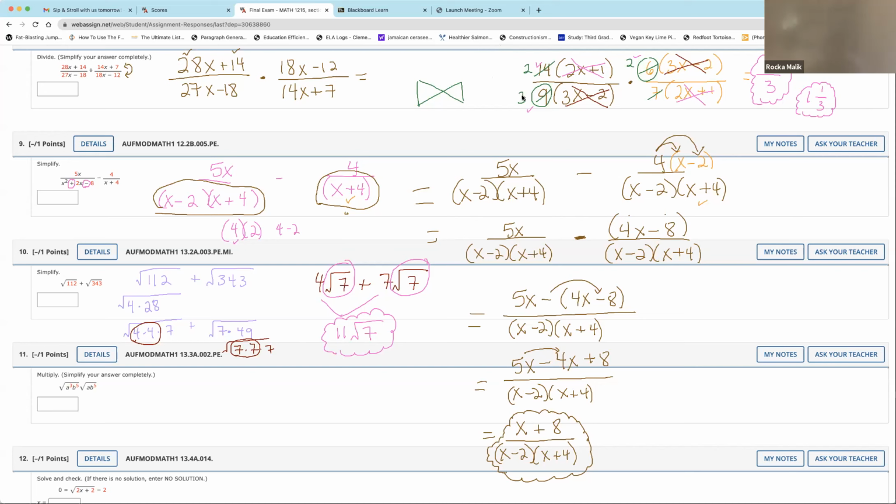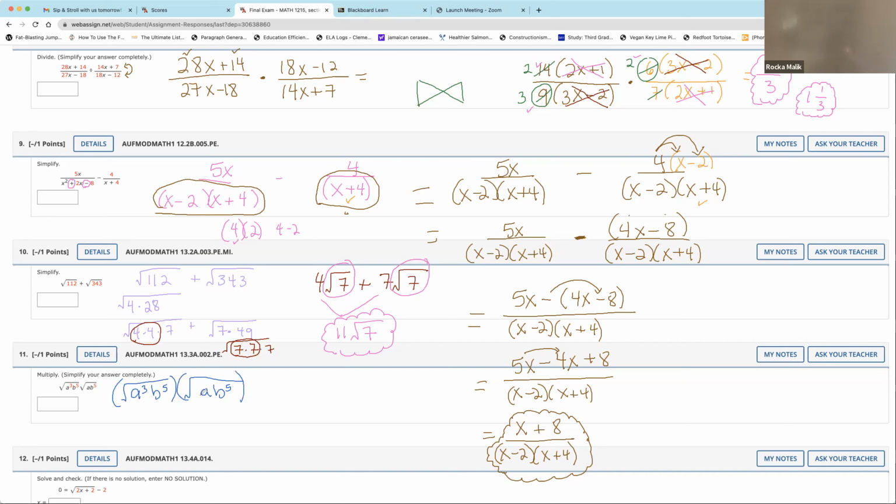Let's see if I can squeeze another answer over here. Multiply and simplify your answer. When you multiply a square root by a square root, the things come out. So let's see. It's no longer a square root thing. A cubed b to the fifth in the square root times the square root of a b 5.